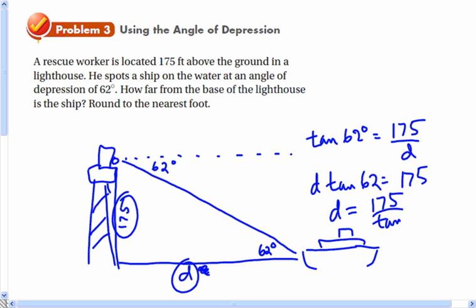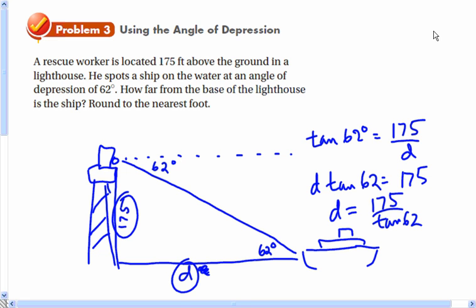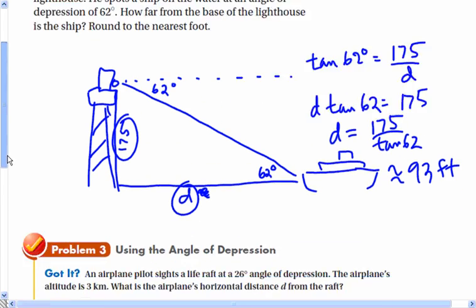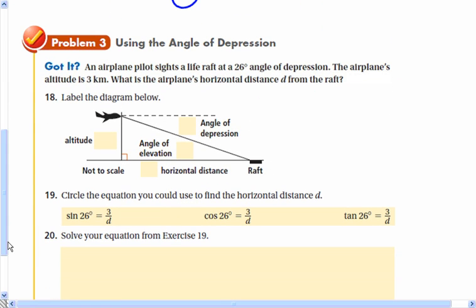And we can use our calculator to calculate that. And that is about 93 feet. All right. Go ahead, you try this problem. Fill in the work, try and pick the correct ratio to use, and you can check back to see if you're right.